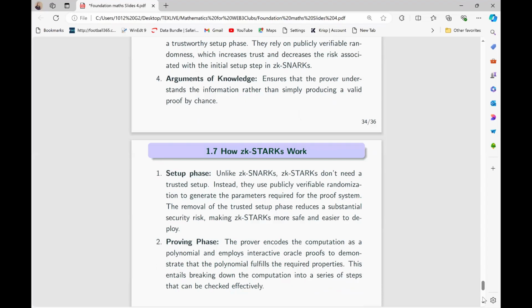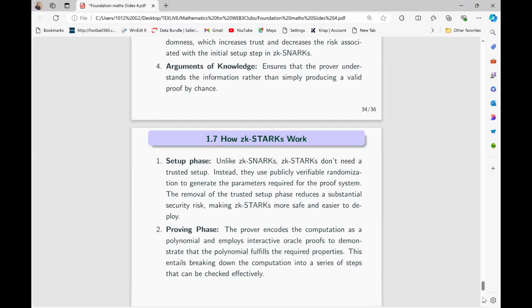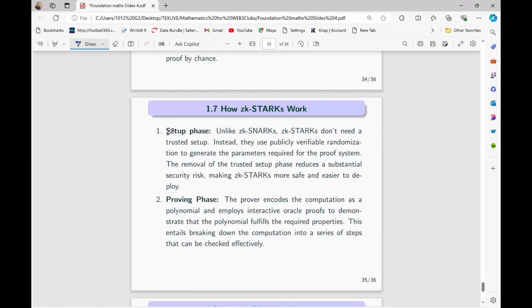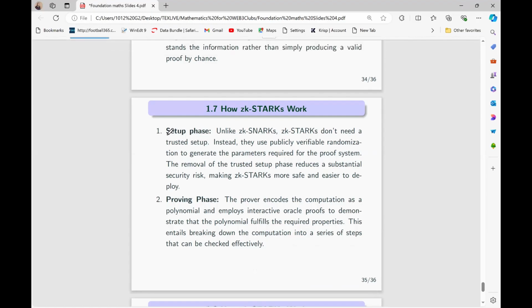Now, how do ZK stacks work? We have this setup first, but it's not the same as the one in the ZK snarks. I began by saying that unlike the ZK snarks, the ZK stacks don't need the trusted setup.